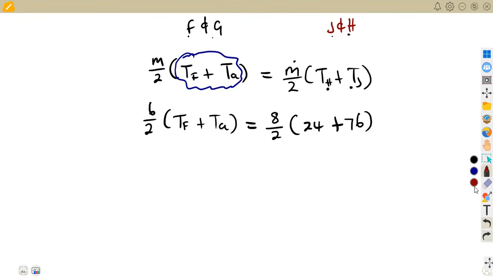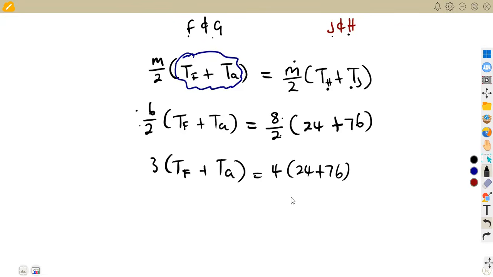So you are going to remain with an equation, all right, 6 over 2, that is going to be 3 into TF plus TG, in this case, which is 8 divided by 2, that is going to be 4 into 24 plus 76. All right, so just combine everything. On this part, you're going to obtain 400, which is equal to 3 into TF plus TG.